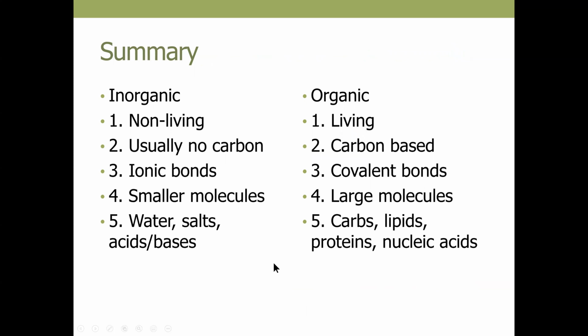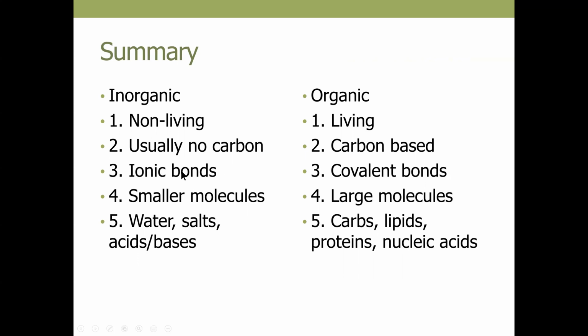In summary, inorganic compounds are non-living, organic compounds are living. Inorganic compounds usually contain no carbon. Organic compounds contain carbon and hydrogen. Inorganic compounds, as a general rule, have ionic bonds. Organic compounds have covalent bonds.